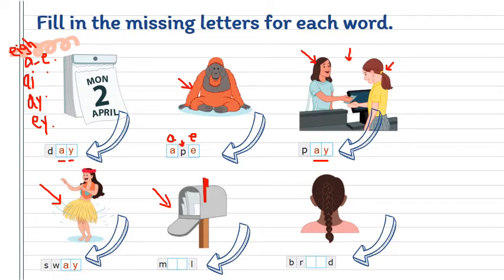So what goes in the middle here? I need two letters. So is it A-I, A-Y, or E-I, E-Y? Mail, it needs A and I. And the last picture is braid. This is a braid, okay? So what are the missing letters for the braid? They are A and I.